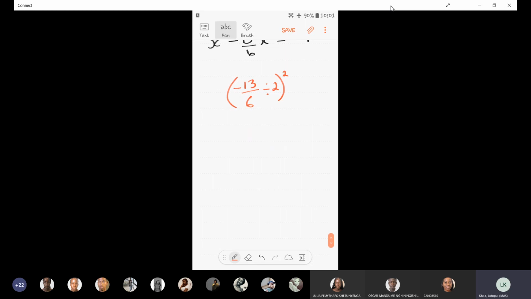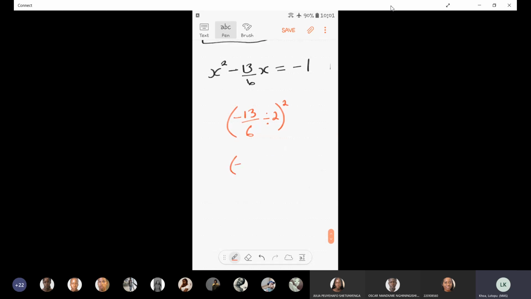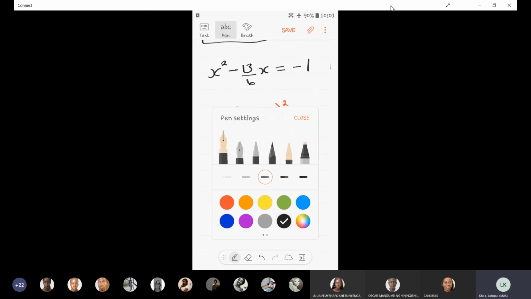So when I do that, I will have negative 13 over 12 squared, and this is just equal to 169 over 144. So that is what I'm going to add on both sides, and then my square on the left hand side will be complete.